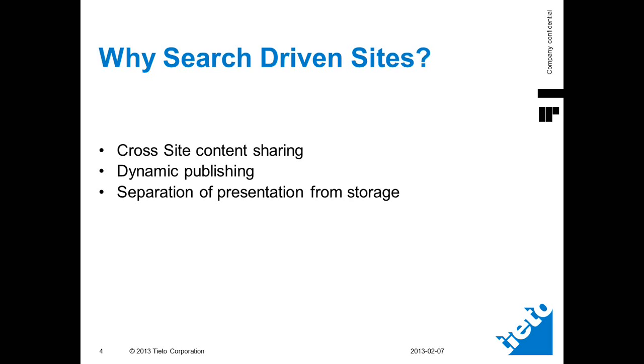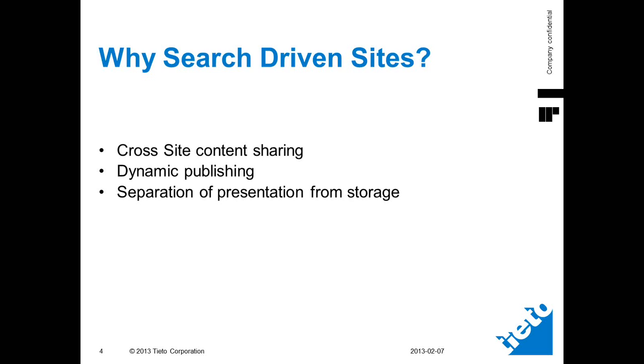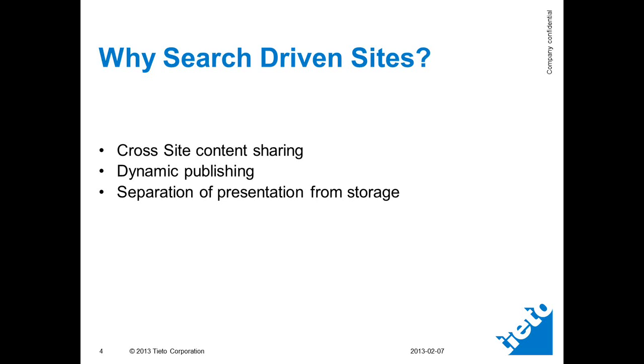certain content which I published somewhere, but I need to share this content somewhere else as well. The typical way in 2007 or 2010 was to write custom code to do so. What we call cross-site collection publishing or cross-site content publishing, we used to do using some way of the search component that comes with SharePoint 2010.